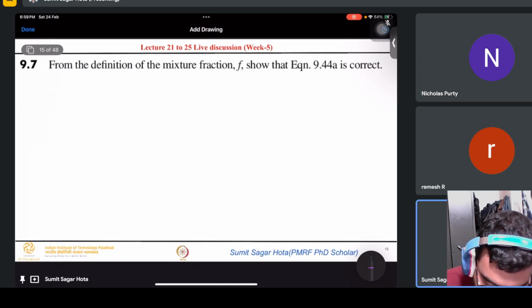The fraction F, so equation 9.44 is correct. I will write 9.44, taken from the book.